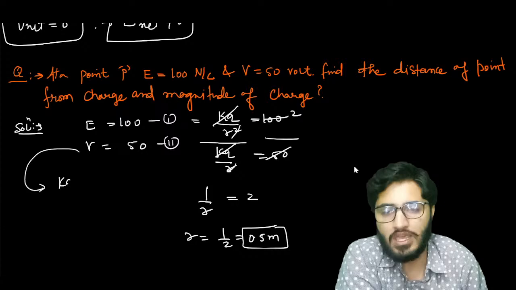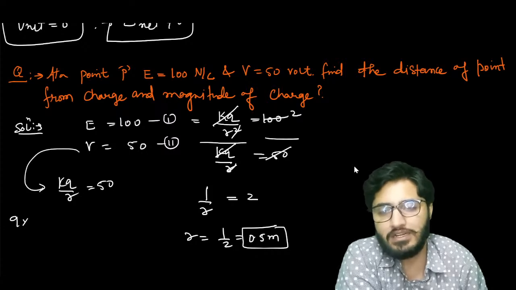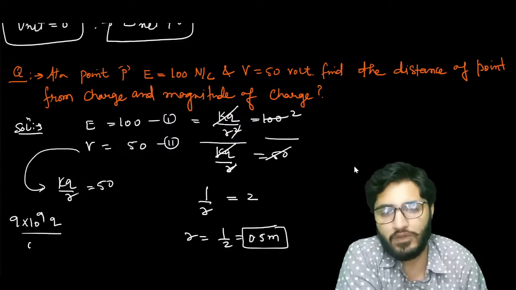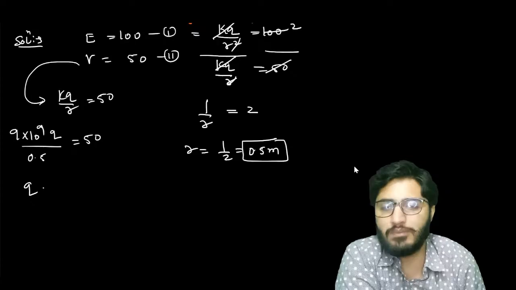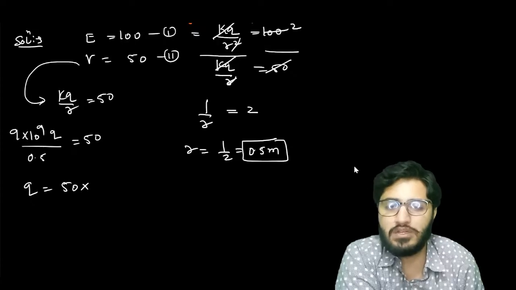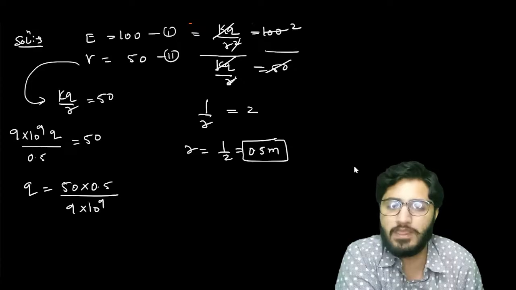Now I will take this formula, KQ by R is 50. K is 9 into 10 to the power 9. Q is Q. What is R? R is 0.5. So I can write here, Q came out to be 50 into 0.5 whole divided by 9 into 10 to the power 9.